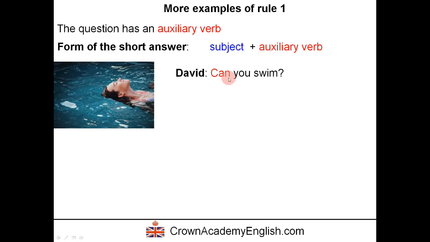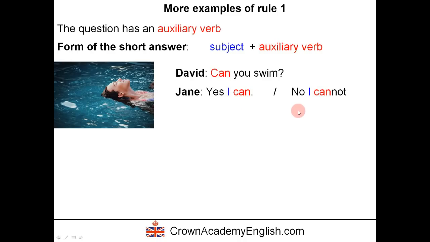Can. Can you swim? So this is the auxiliary verb. So can you guess what the answer is? Well, Jane replies, yes, I can. Yes, I is the subject and can is the auxiliary verb. Yes, I can. And it's always the complete form.